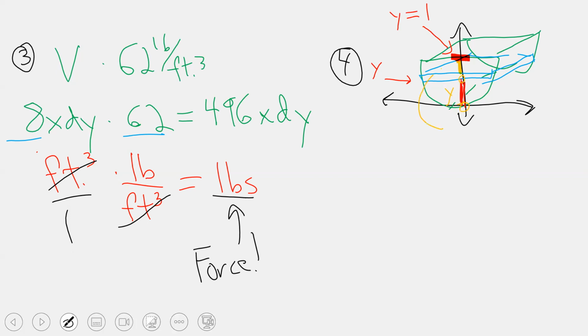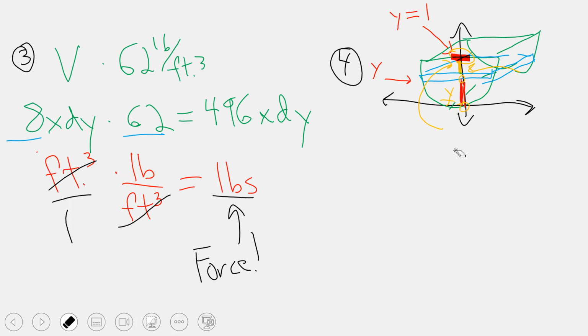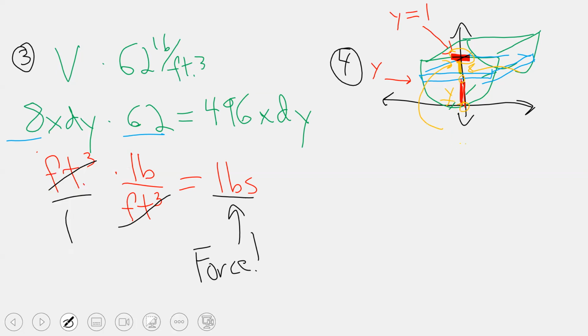And so the remaining distance that the representative layer of water needs to be lifted would be 1, since that's the top value, minus this y value, because that would tell us what is left over here in the middle. So the distance here that this is being lifted would be 1 minus y. Again, because it's that leftover remaining part at the top that the water has to be lifted out.